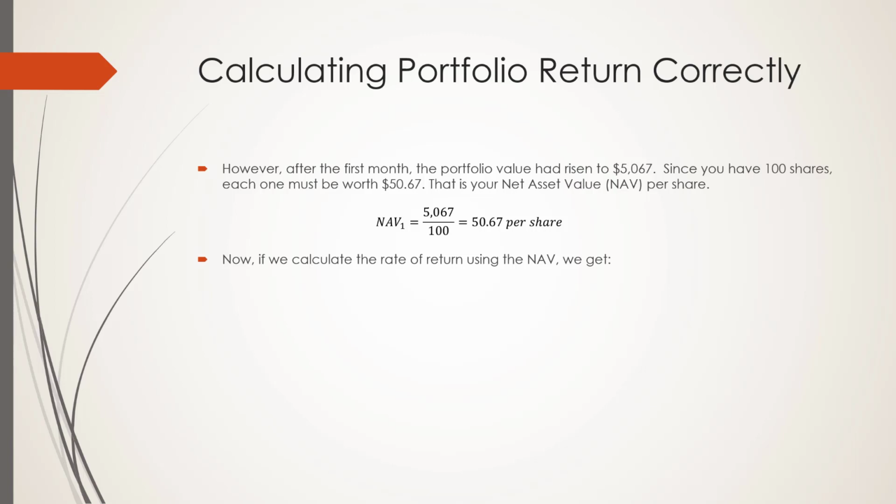And in fact, we want to do that instead of using the total value of the portfolio. This is how we're going to avoid calculating inflows and outflows as part of the return. So if you take your ending NAV after 1 month, 50.67, divided by your beginning NAV, minus 1, you get 1.34%. That's the same number that we got earlier.